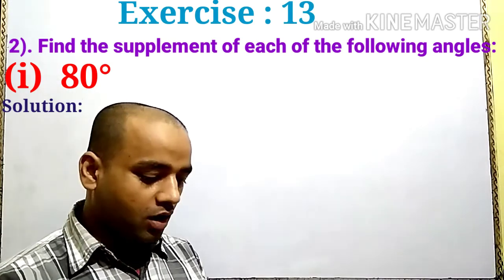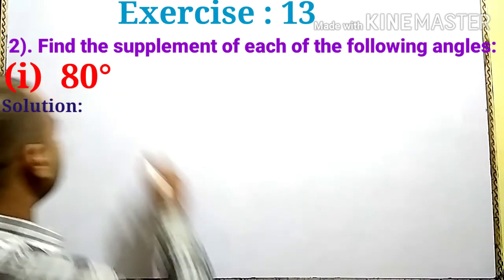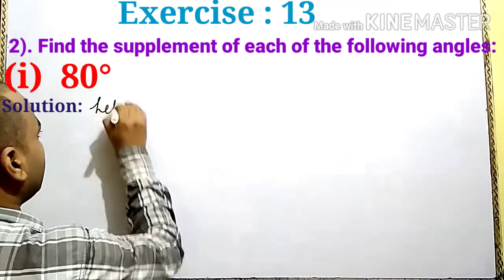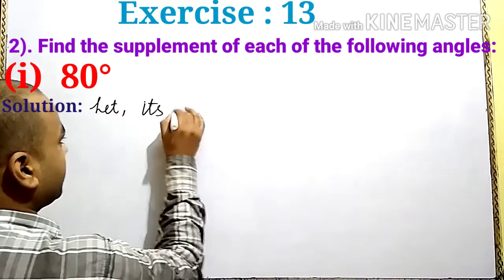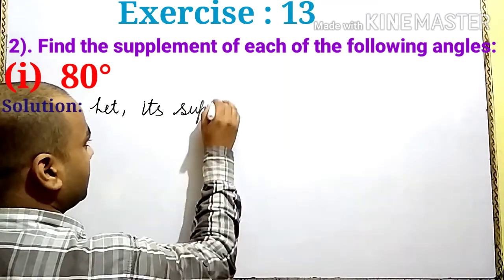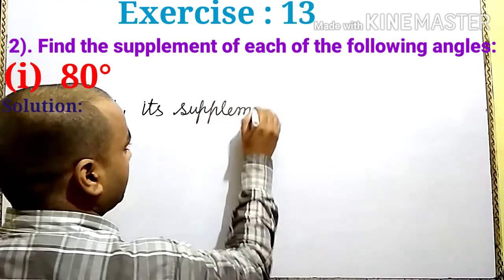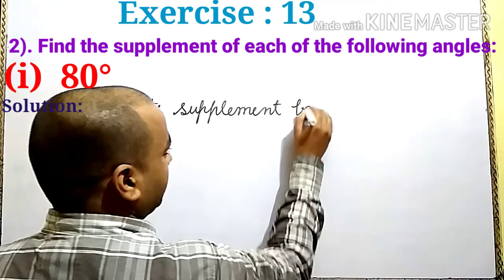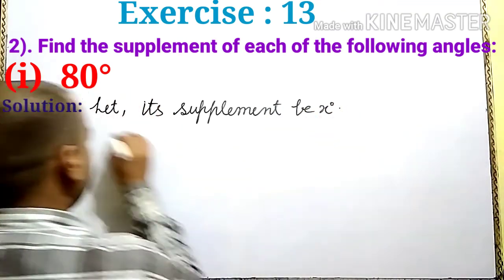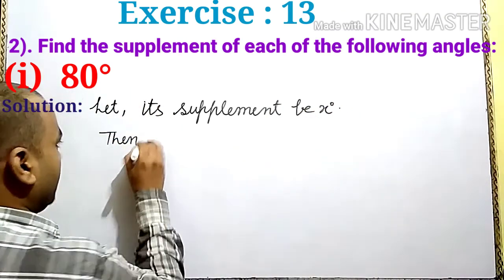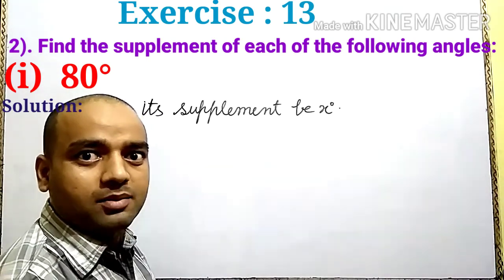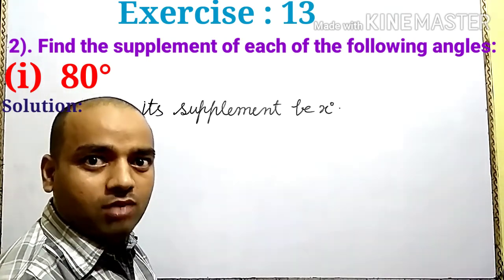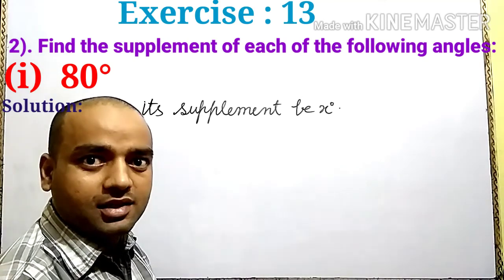First of all, let its supplement be x degree. We know that two angles are called supplement if the sum of their measures is 180 degree.